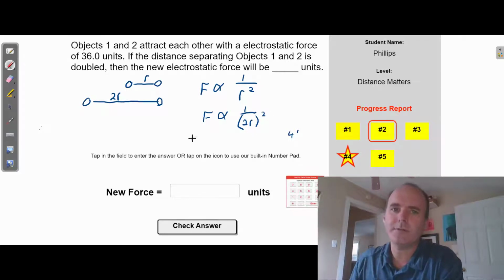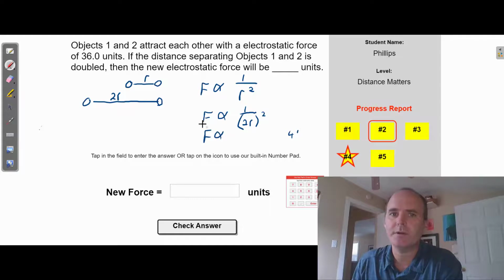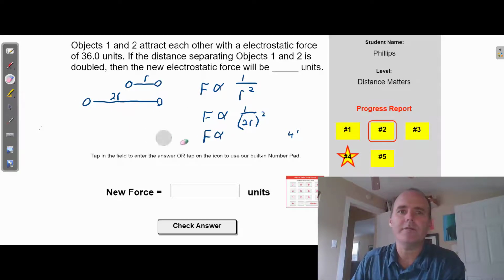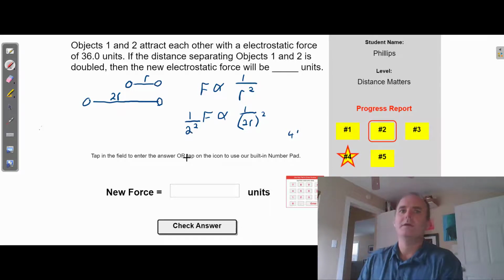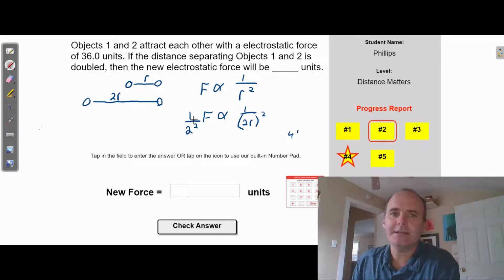So if I double the r, that means that F is proportional to, well, here, I'll write it over here. If I double the r, what I'm doing is doing this on this side.